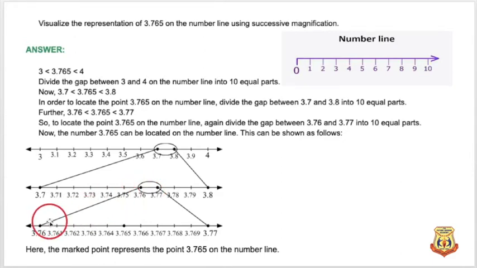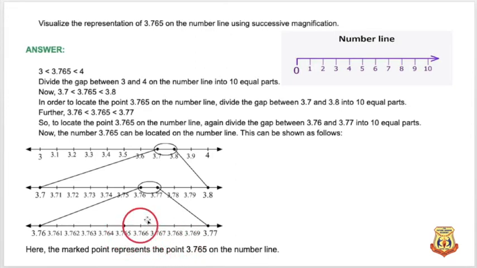Now the last step 3, we'll draw one more time the line, and here we'll write 3.76 and here 3.77, and in between we'll write the numbers this way: 3.761, 3.762, 3.763, this way up to here. So here we can get our number.